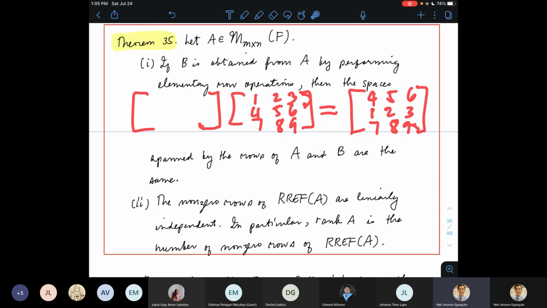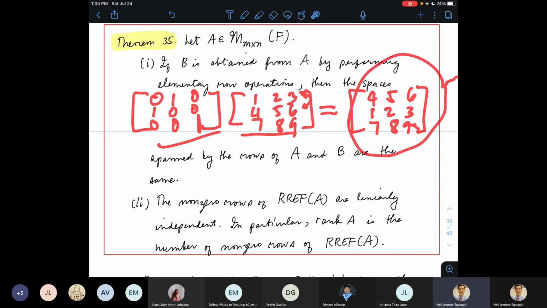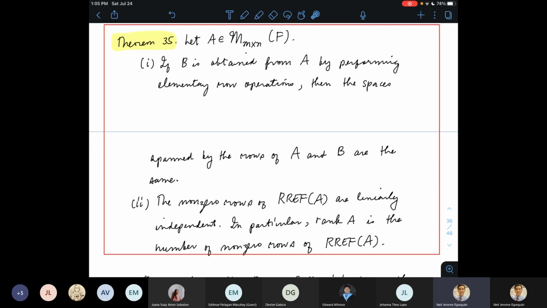Magulo, pero dahil gusto kong iswap yung first and second row, ang ipang pre-multiply ko sa matrix na to ay identity, pero pinag-swap ko intended rows ko. Alright? So when you do this times this, you'll get this guy. Okay. So parang kung anong gusto mong mangyari dun sa RREF, kung sa identity matrix, so i-rearrange mo yung rows ng identity matrix, i-multiply mo yung row ng identity matrix, or i-add mo yung isang row ng identity matrix to the another matrix, you'll get what we call an elementary matrix.